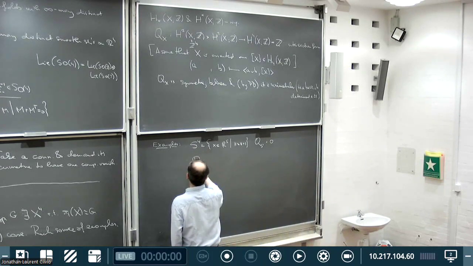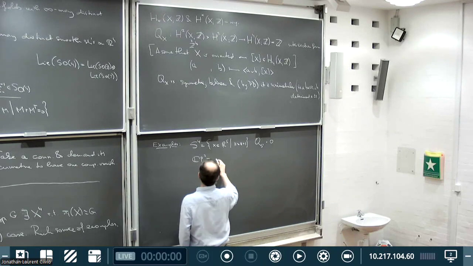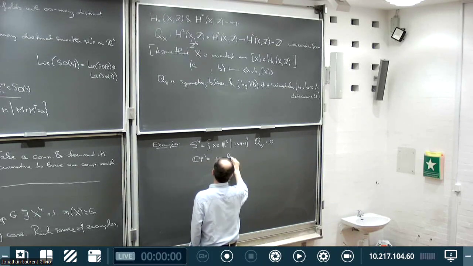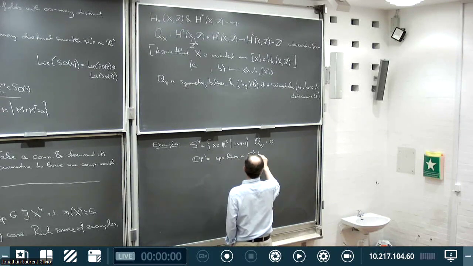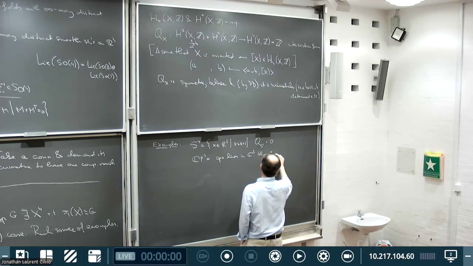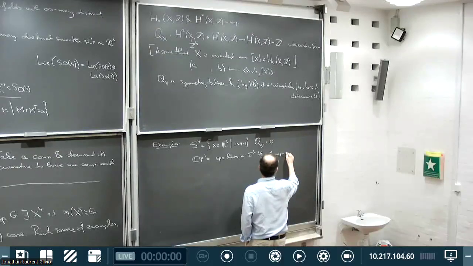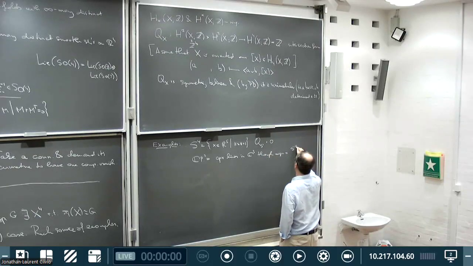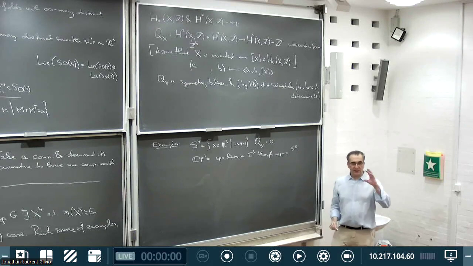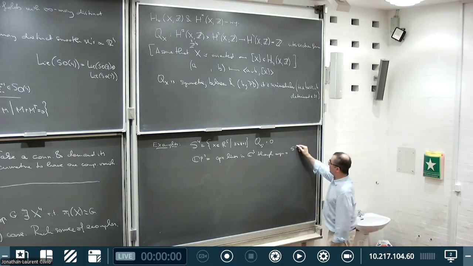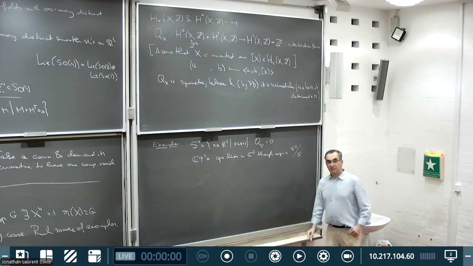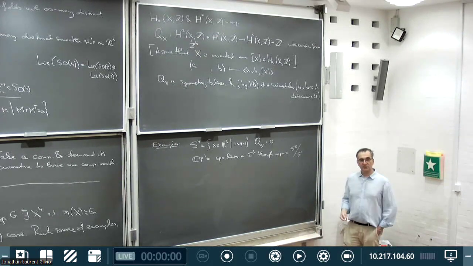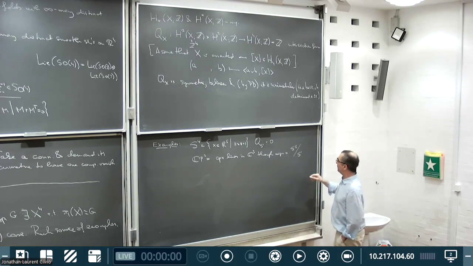The next one is CP^2, which is just complex lines in C^3 through the origin, which is the same as taking the unit sphere in C^3, which is a 5-dimensional sphere, and dividing out by the multiplication by complex numbers of unit length.